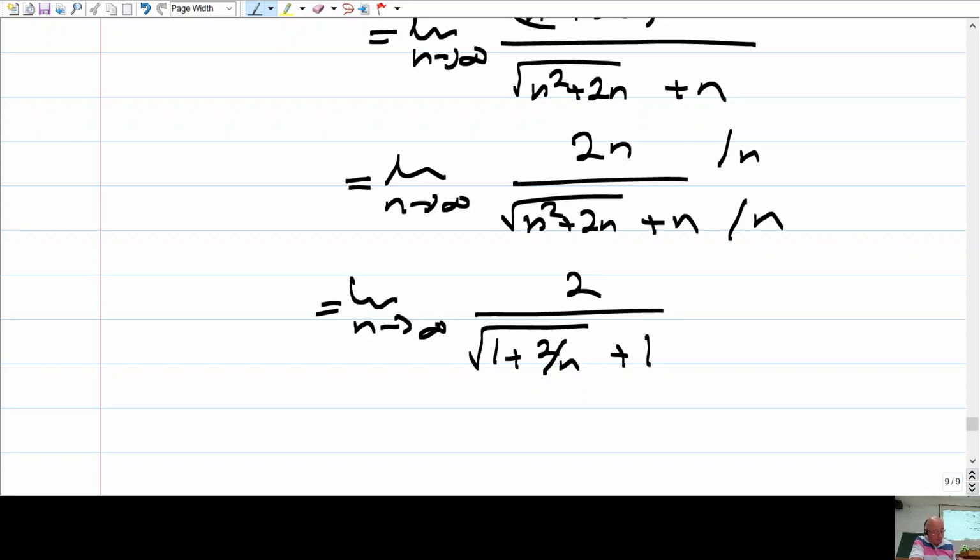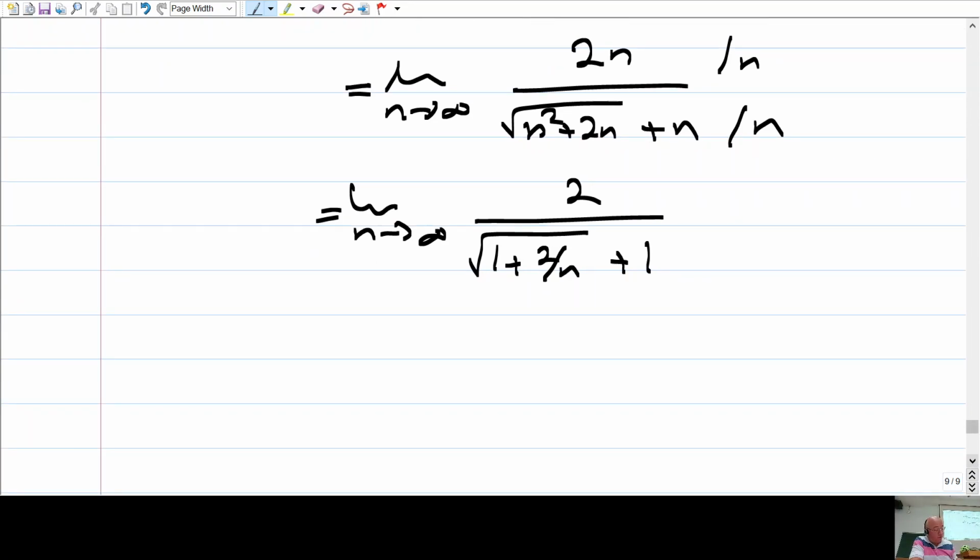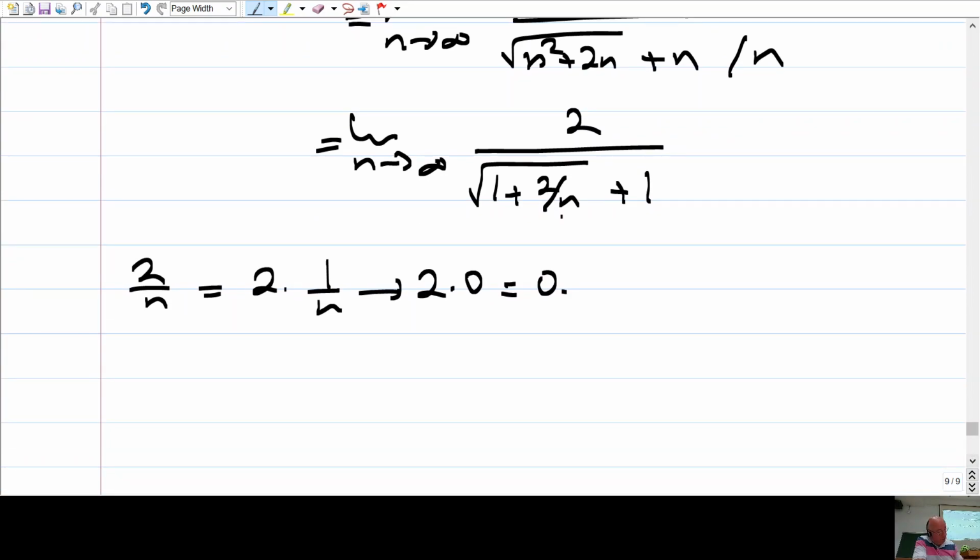This is what I get. And then we do what? Here we have several things. 2 over n goes to 0 because 1 over n goes to 0. I can write it this way: 2 times 1 over n goes to 2 times 0, which is 0. What about this expression? 1 plus 2 over n goes to 1 plus 0, which is 1.